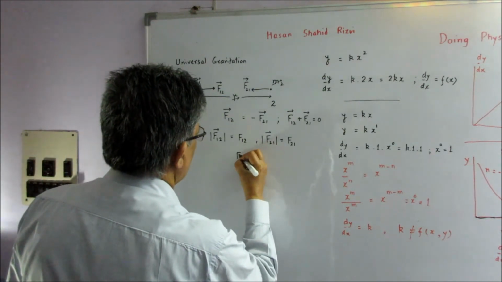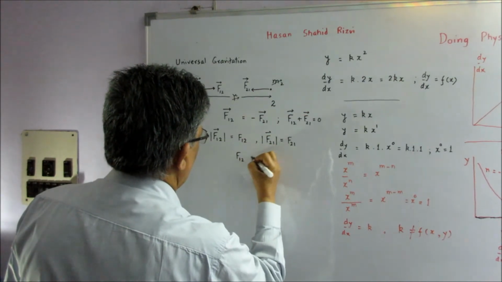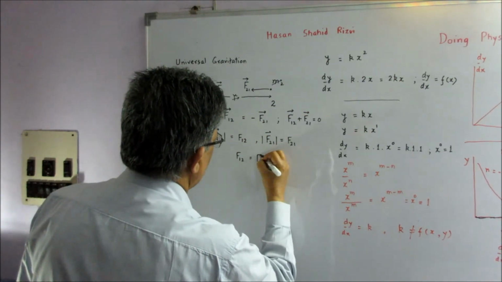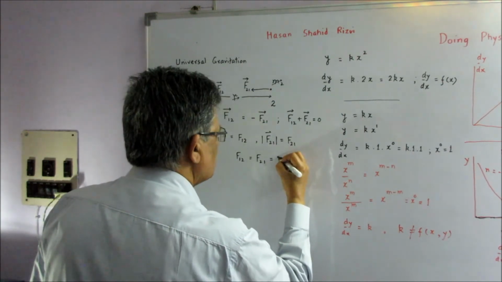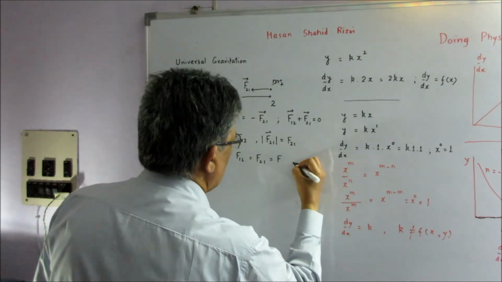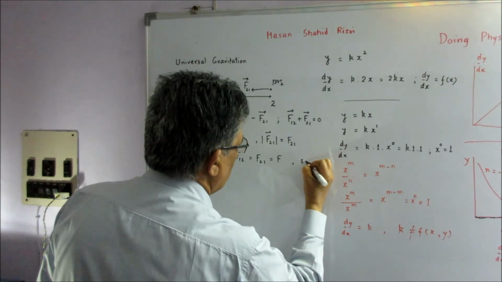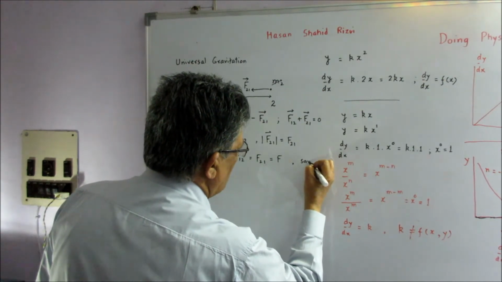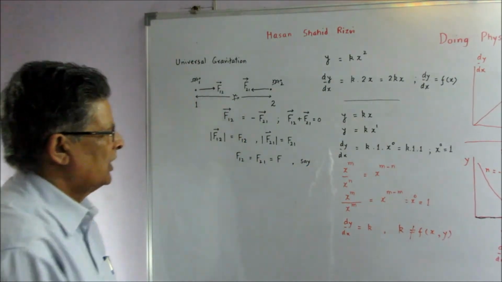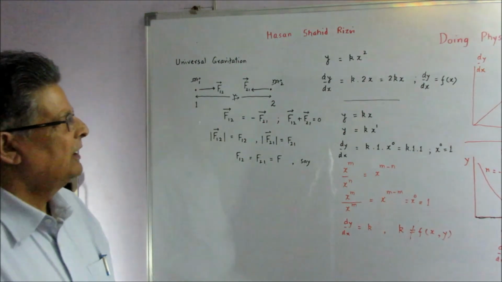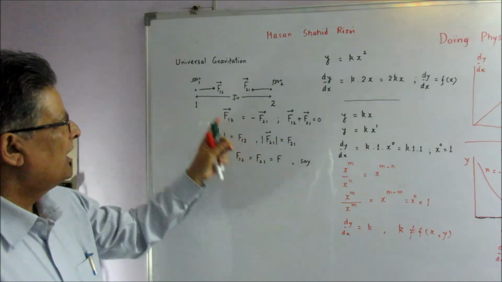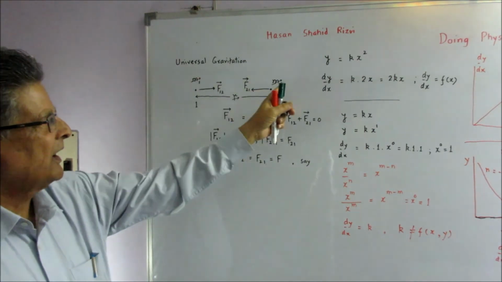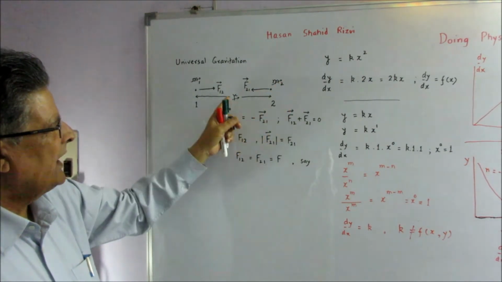So F12 is equal to F21, and I can take it as equal to F, say. So now there are these four items. One is F, another is M1, another is M2, and there is R.